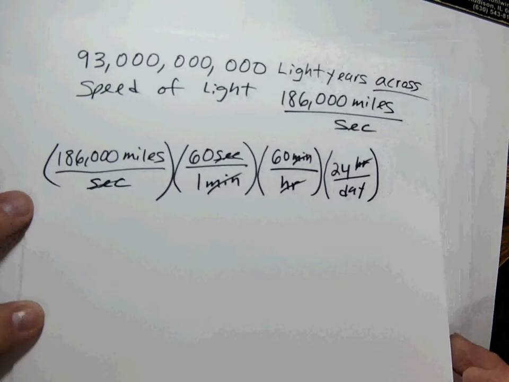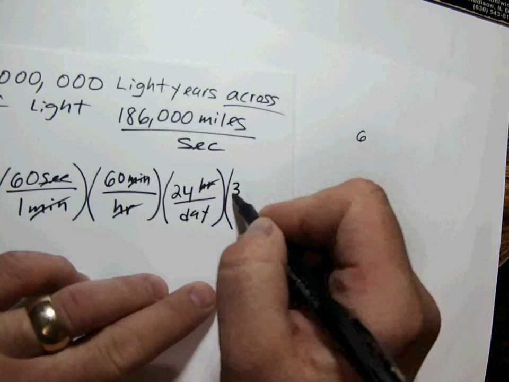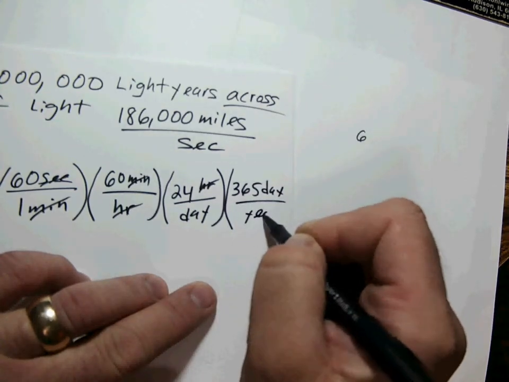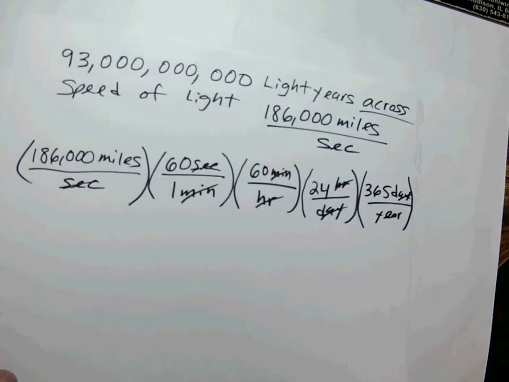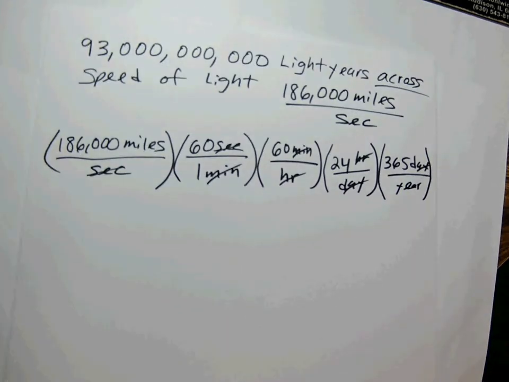Let's forget about leap years, even though this is one. There's 365 days in a year. So my days cancel, and if I multiply all those numbers, I'm going to get how many miles light can travel in just one year.